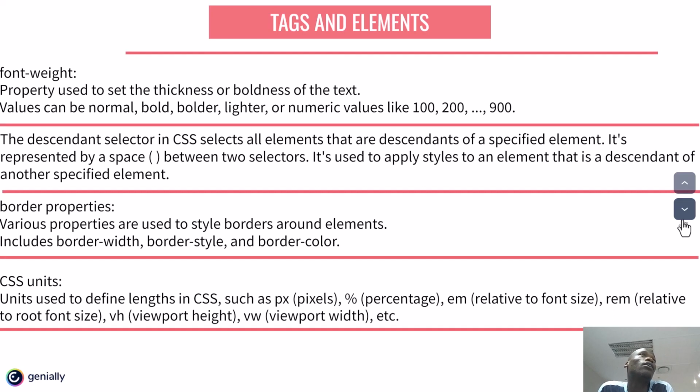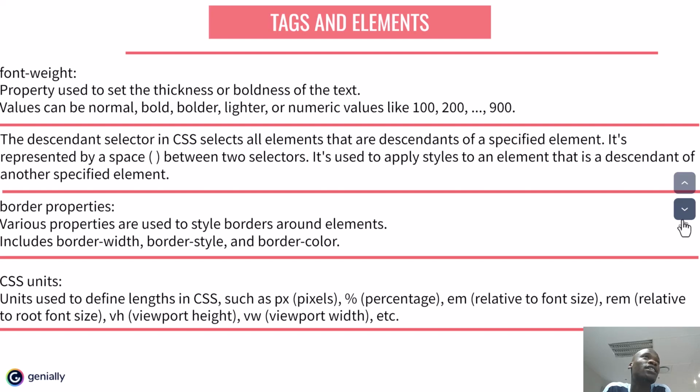Just forget the tags and elements. I forgot to write properties. So we have font weight. The font weight property is used to set the thickness or boldness of the text.